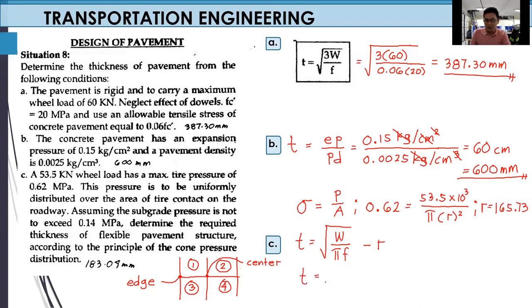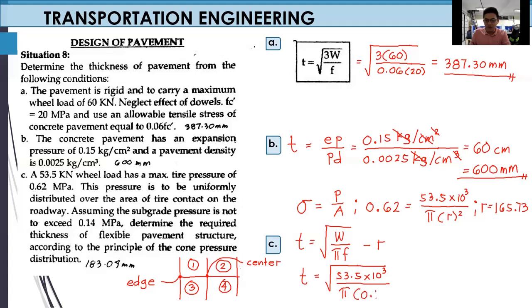Now that we have the radius, we can use this formula. W or P is the same, the weight or force, 53.5 times 10 to the power of 3, converted into newton, divided by pi, and our F is given as 0.14, since the subgrade pressure is not to exceed 0.14.